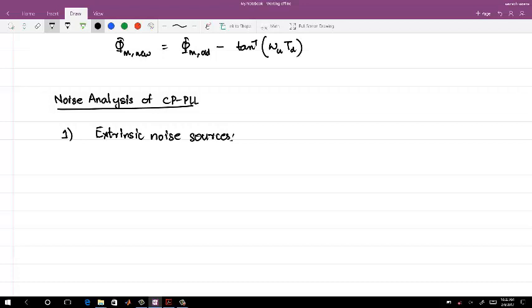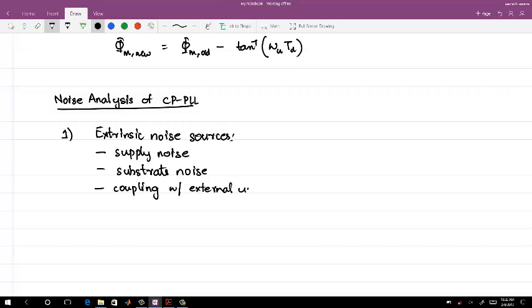And the ones coming from outside are supply noise, substrate noise. So you see all the noise sources which we have seen so far are like a voltage or current noise, right? The ripple on the supply or ripple on the substrate, and any coupling with external, unwanted signals.